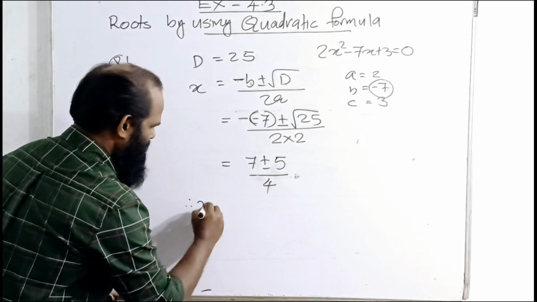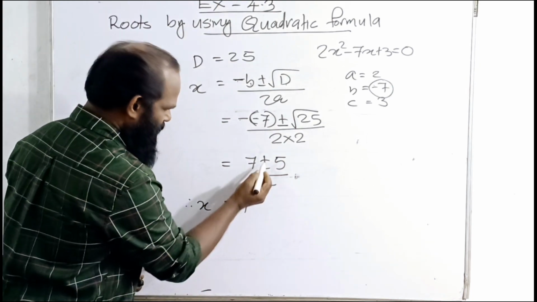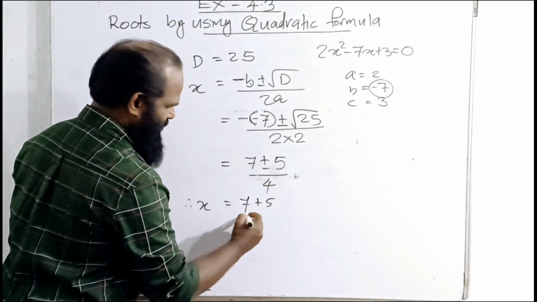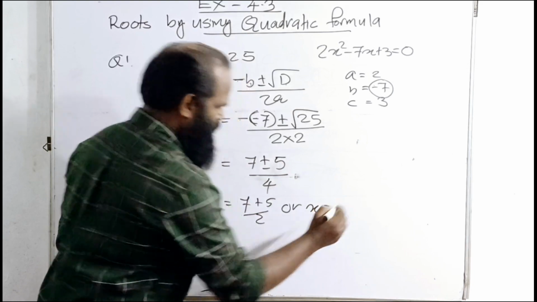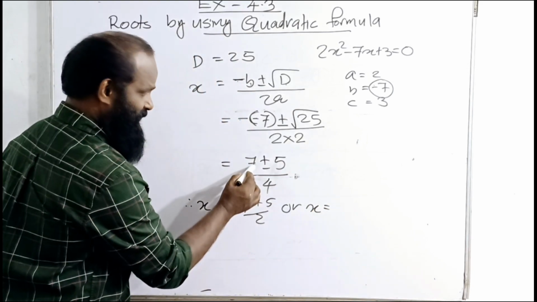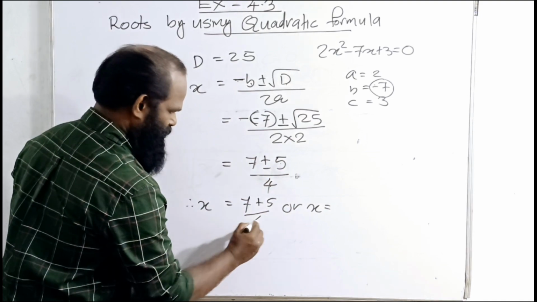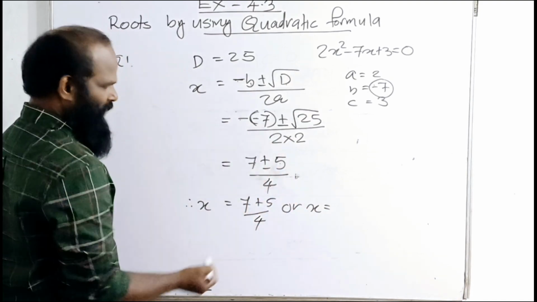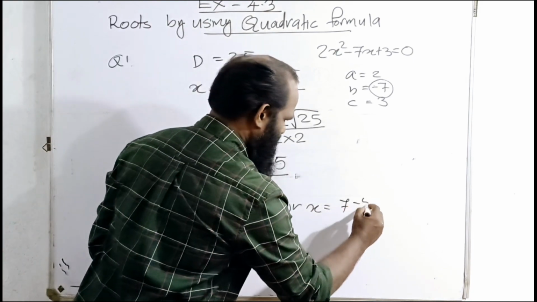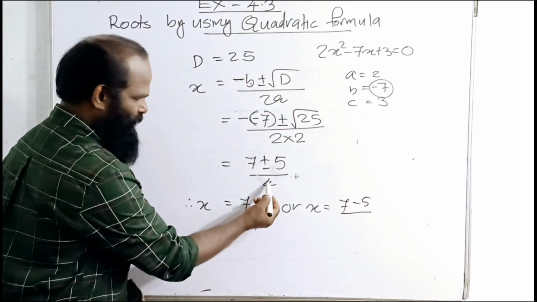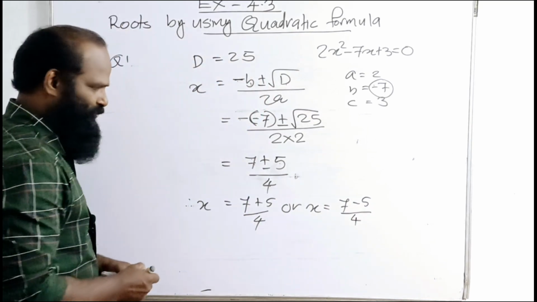Therefore, x is equal to 7 plus 5 by 4, or now we will go this way, x is equal to 7 minus 5 by 4. We're going to have two different values.